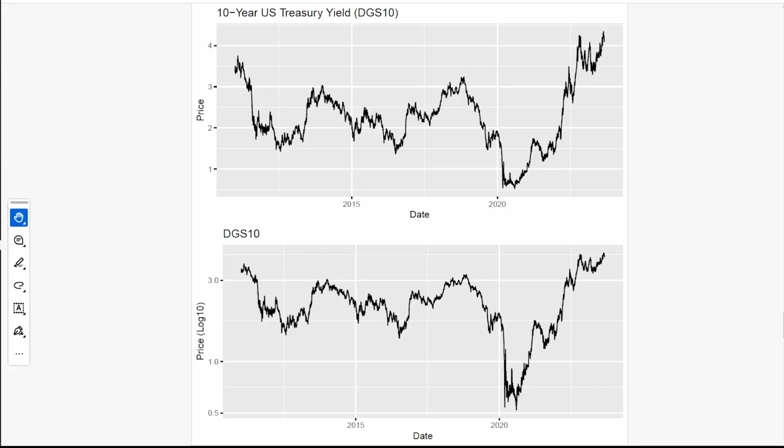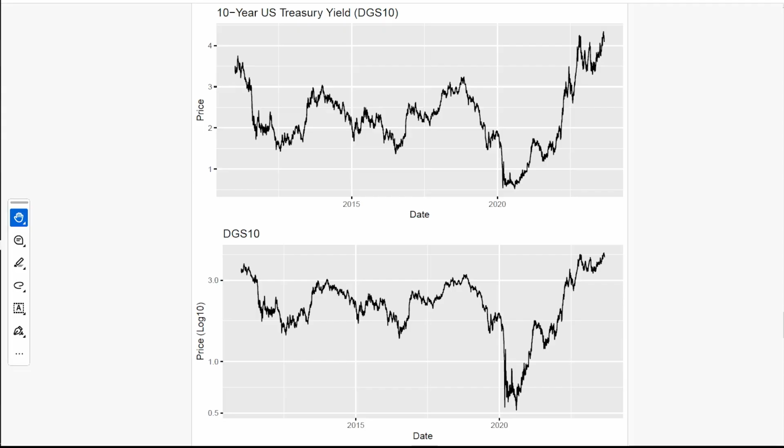Yet another example is looking at the yields of the 10-year US Treasury. The top panel shows, it's called price, but it's really the yield in percentage terms of 10-year government bonds.